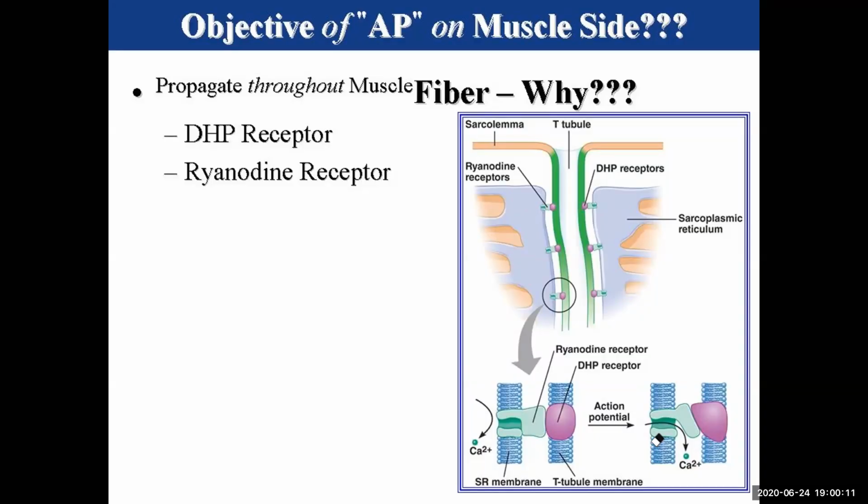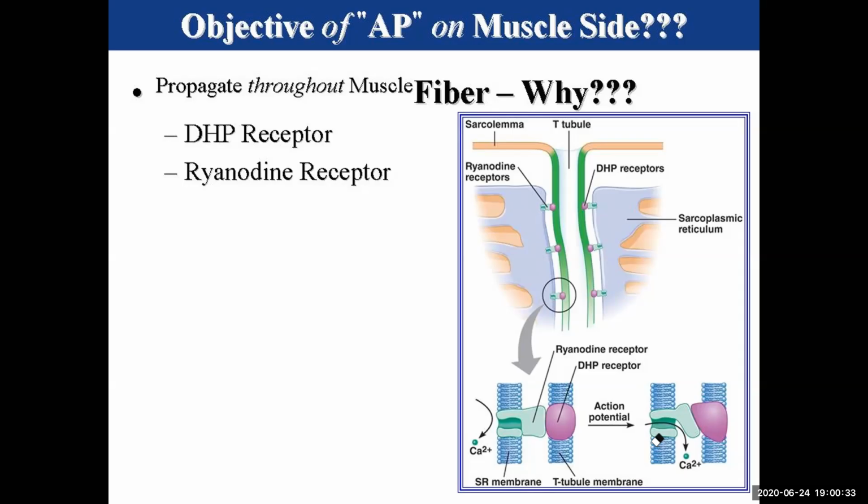Calcium interacts with troponin, inducing a shape change, bringing with it sliding the tropomyosin away from the myosin binding site on the actin. Now the myosin binding site on actin is available for myosin to come in for cross-bridge formation.